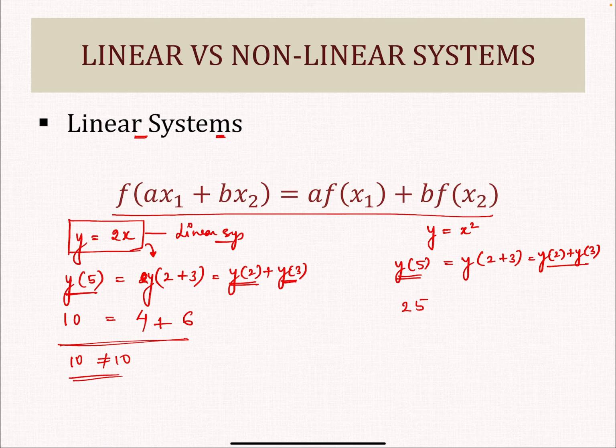Now y(2) is 2 twos are 4, and y(3), putting 3 in x, 3 threes are 9. So in this case 25 is not equal to 4 plus 9, that is 13. So this is an example of a non-linear system.